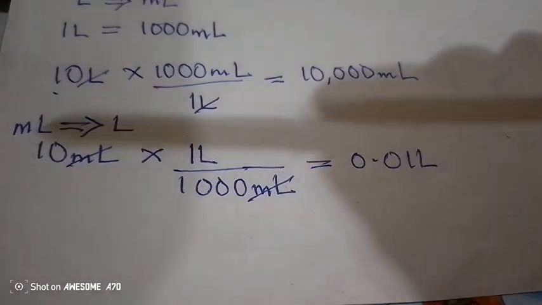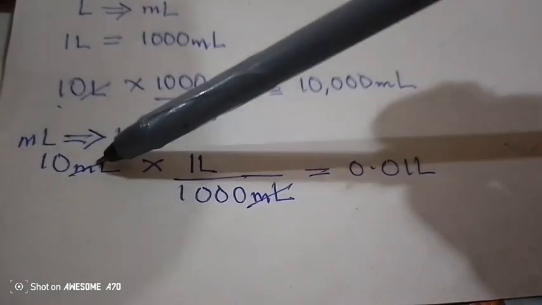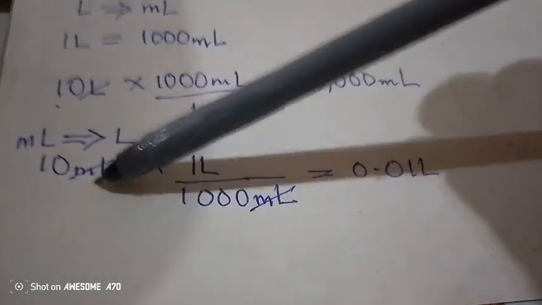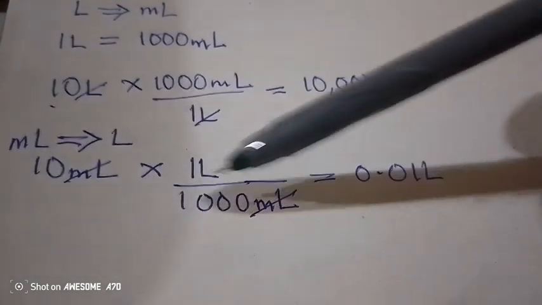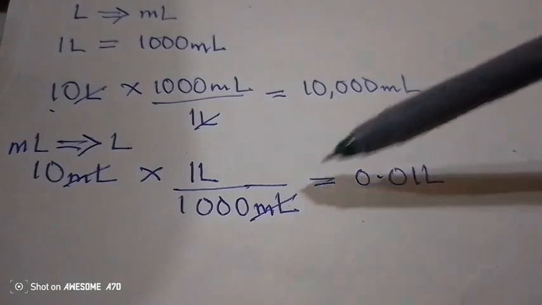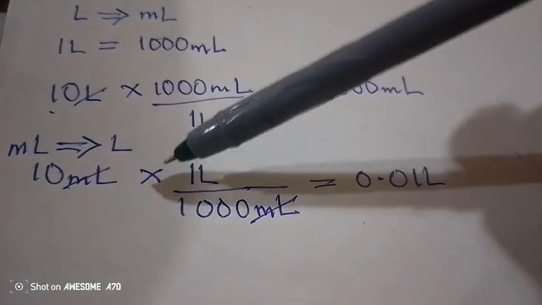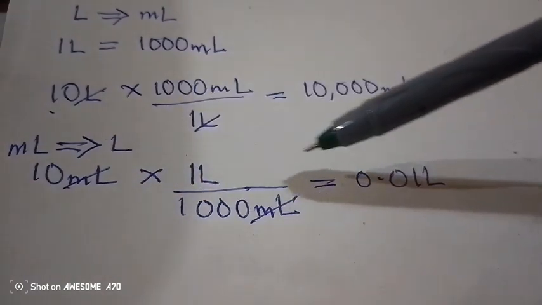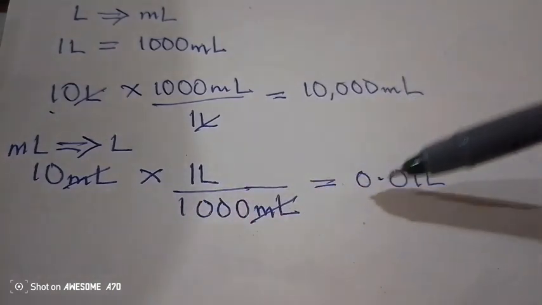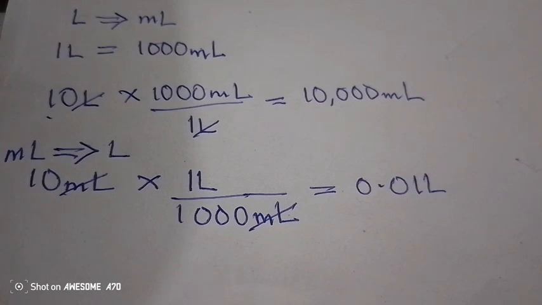So here now, in this conversion from milliliter to liter, 10 milliliter times 1 liter over 1000 milliliter. Now milliliter and milliliter will cancel out. We'll now have 10 times 1 liter over 1000, which will give us 0.01 liter. That is conversion for liters.